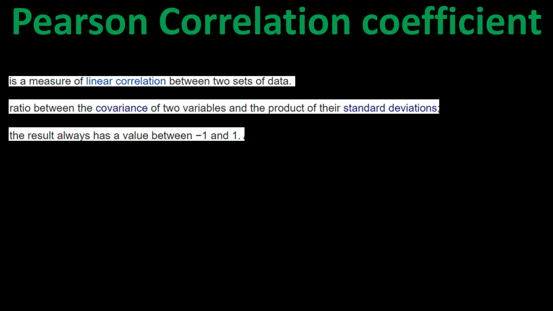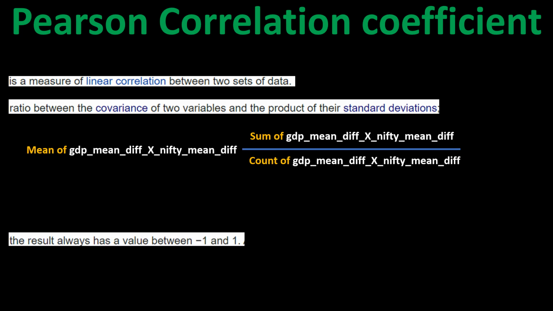Let's see in detail. It is a measure of linear correlation between two sets of data, a ratio between the covariance of two variables and the product of their standard deviations. Let's understand this. This was the formula we used to calculate the covariance, and we calculated it and found this result. So this was the covariance.